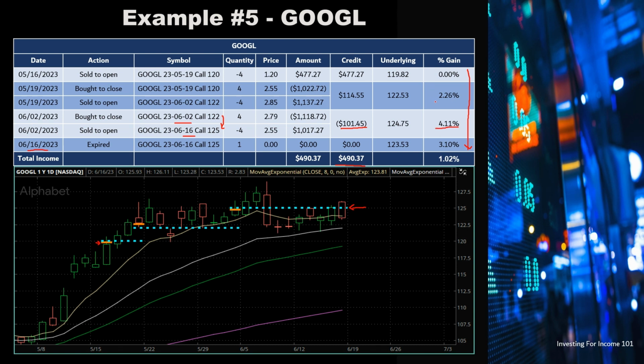After less than a week, Google was up 2%, and after less than 3 weeks, Google was up by 4%. This was the difficult time. This is why I got only little credit, or I even had to pay some money to roll to later expiration.